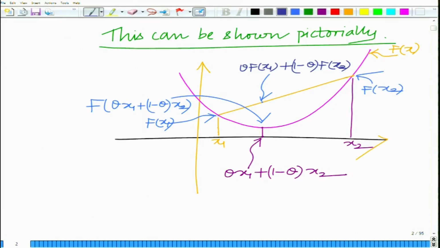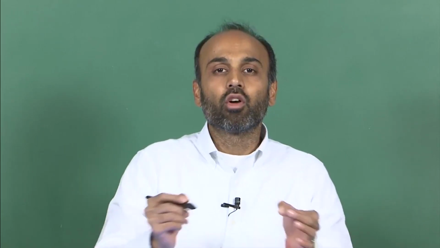minus theta times f of x2. What this is essentially saying is that if you take 2 points on the function, join them by a chord, the chord always lies above the function. So, if you take 2 points x1, x2, the chord joining f of x1 and f of x2 always lies above the function between these 2 points x1 and x2.